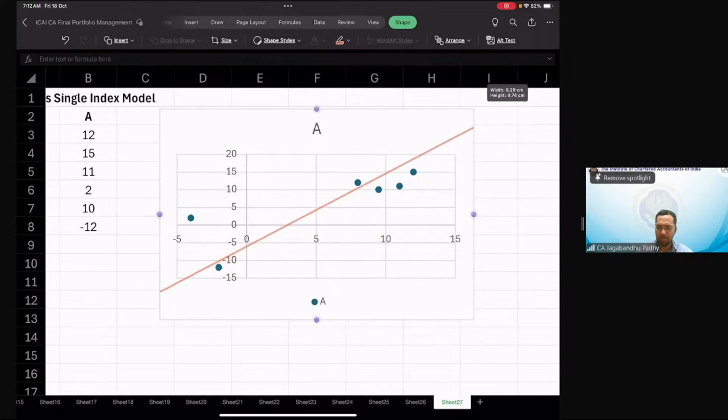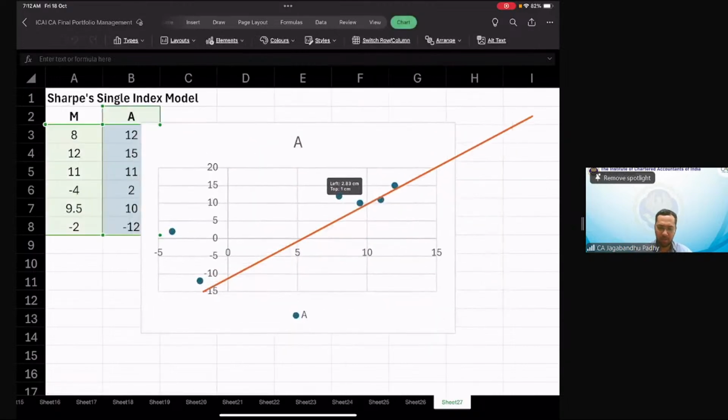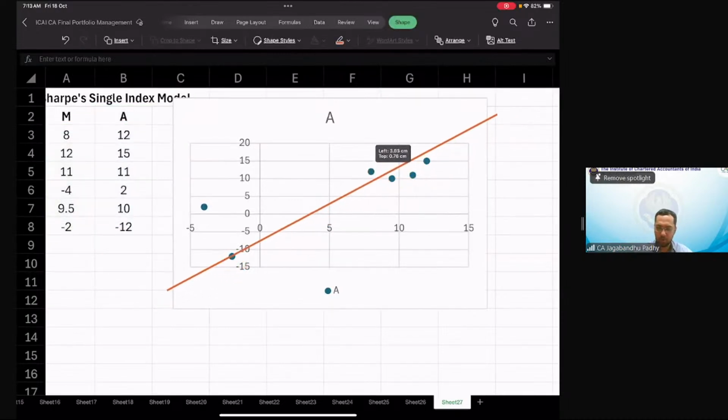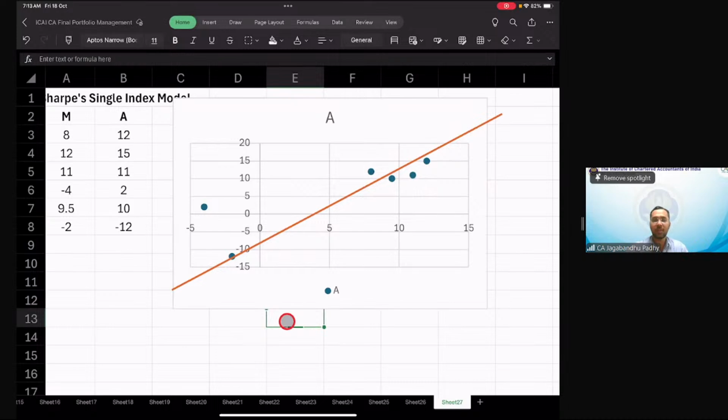But by mere observation, what we can say is the line should be working out to be like this, which should be representative of the entire trend of the return of A with regard to the return of the market. So our idea when we are doing regression is to calculate this particular equation of the line, right? What do you understand by the equation of the line? How do we compute the equation of the line, guys?